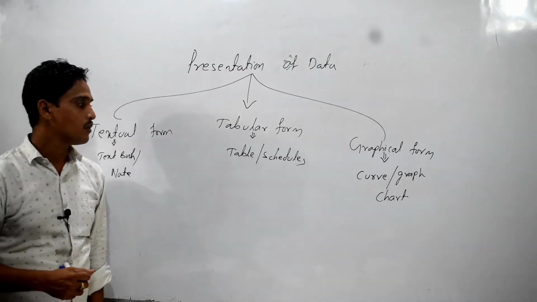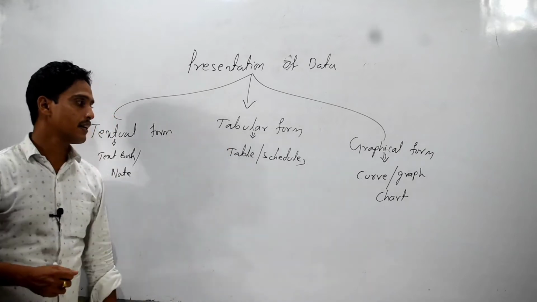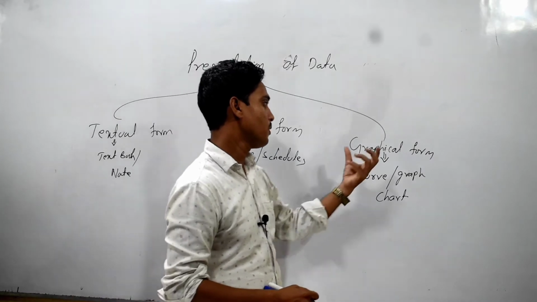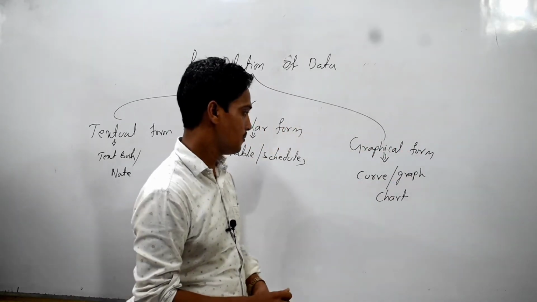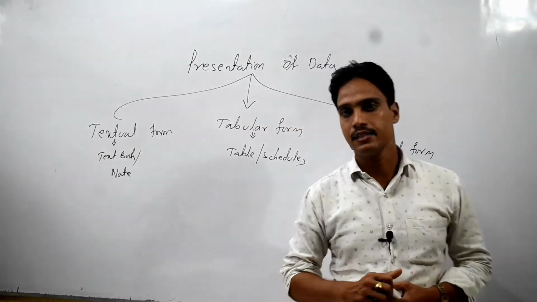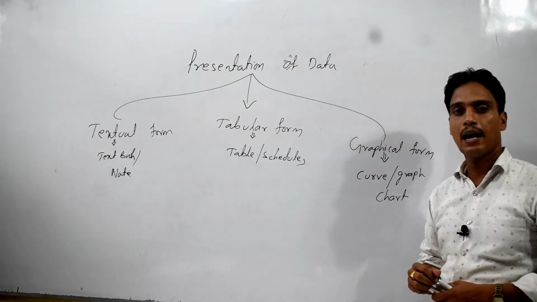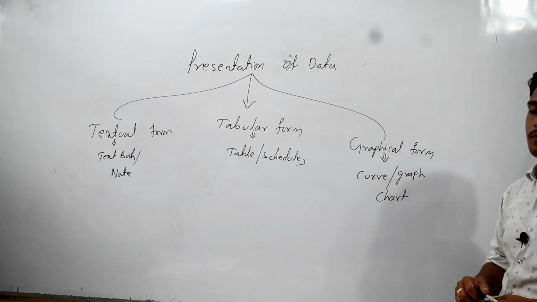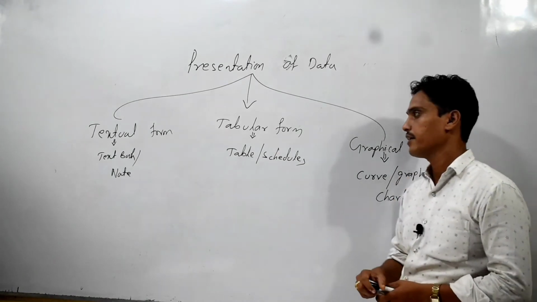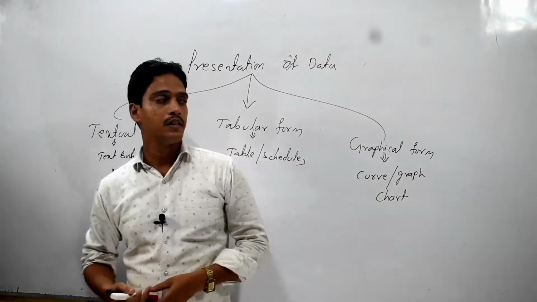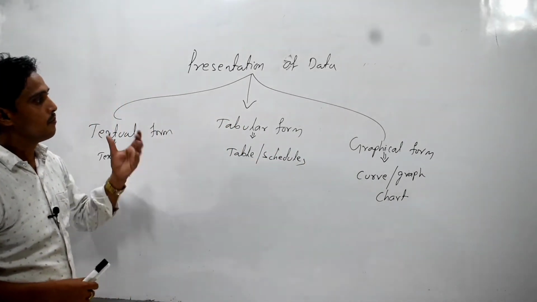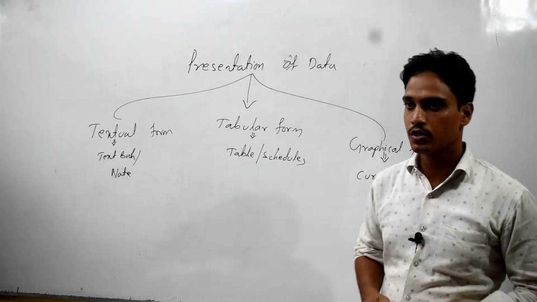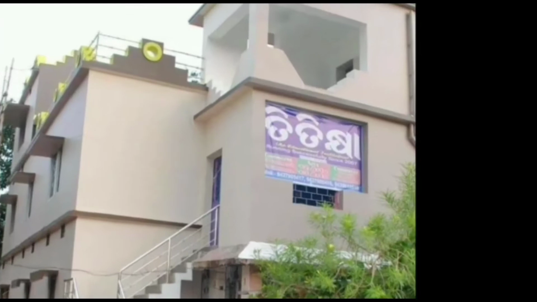In case of tabular form, we present our data in a table or schedule form, whereas in graphical form we present our data by using graph papers, that is in the form of curve or chart or graph. So now come to our main topic, that is demand schedule. So let's start demand schedule.